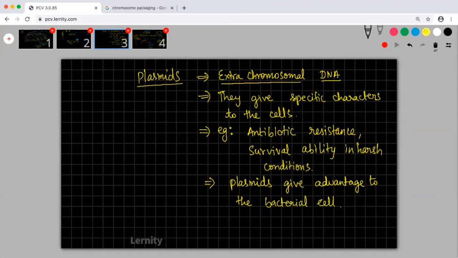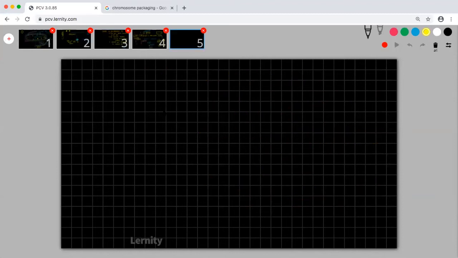Let us say he is giving me penicillin. I will be taking penicillin the first time. The bacteria dies and I am cured.